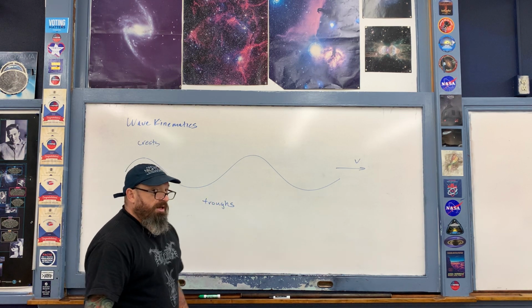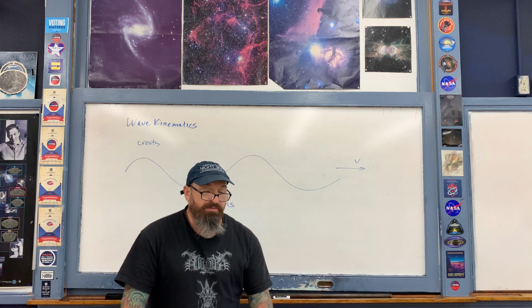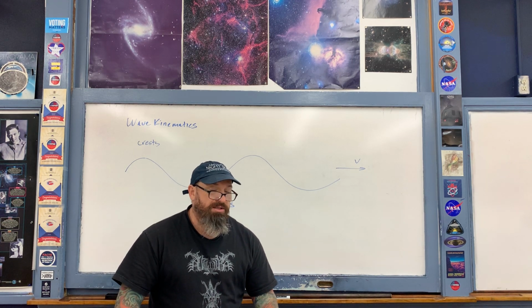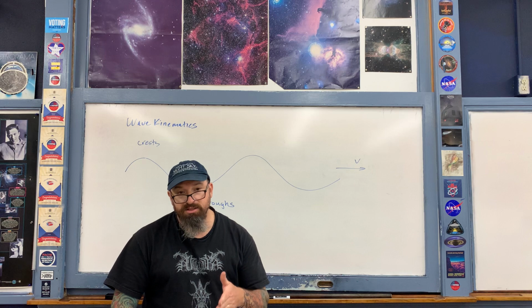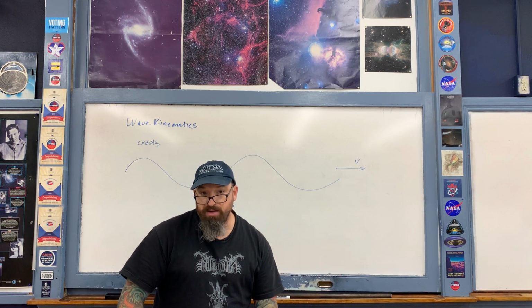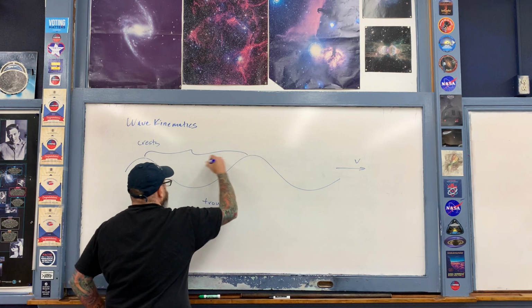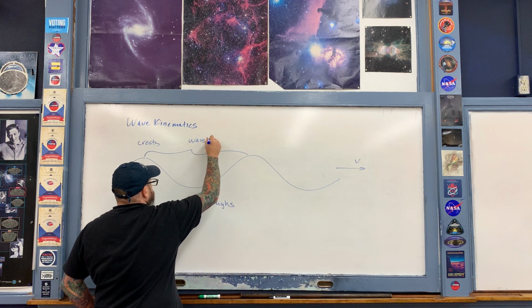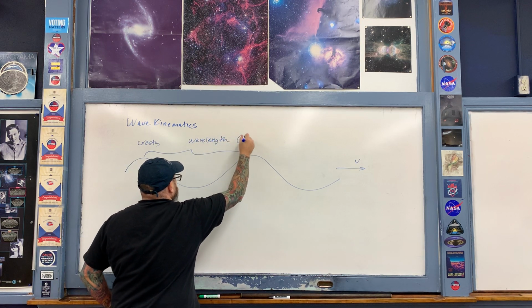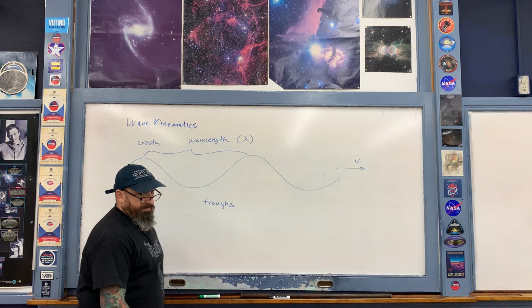Now as long as the wave is a simple periodic wave, then the distance from crest to crest, which is the same as the distance from trough to trough, never changes. That distance, for example, right here on the diagram, is referred to as the wavelength. The wavelength is always described by the Greek letter lambda.